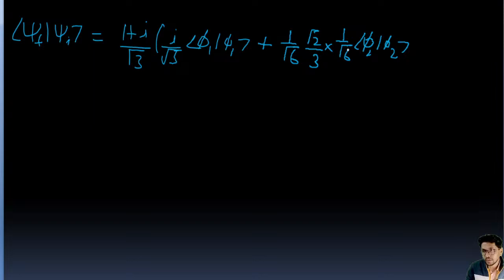And the phi 3 term is going to be 0 because the value of phi 3 is 0.